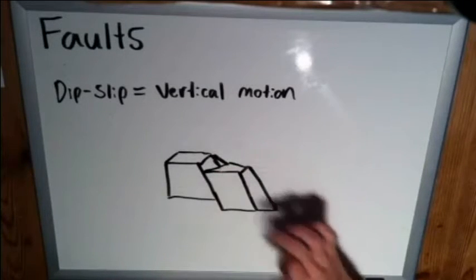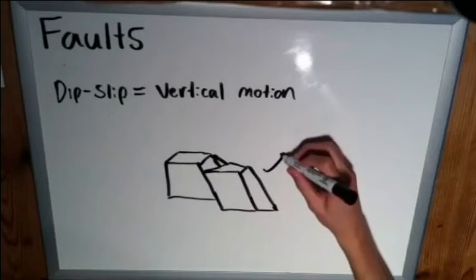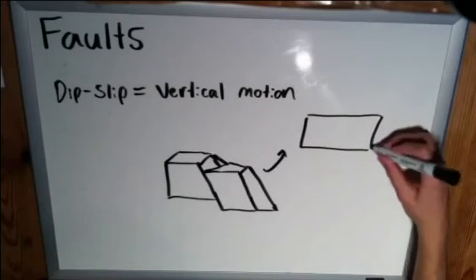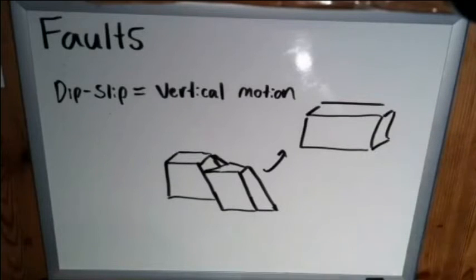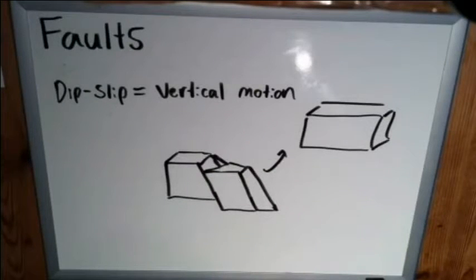So, if this is our picture, then originally this looked like this, just a uniform bed, right? It would have been a rectangular block. But since the deformation has occurred, we get one that slips downward like this. And that is known as a dip-slip fault. There's vertical motion, one slips down relative to the other.